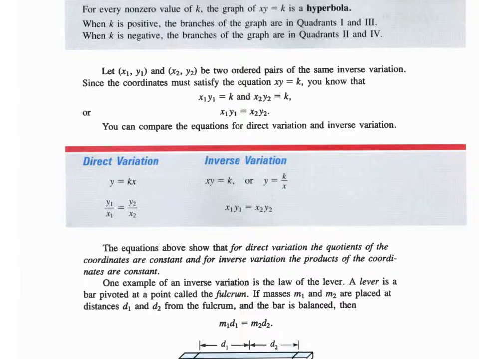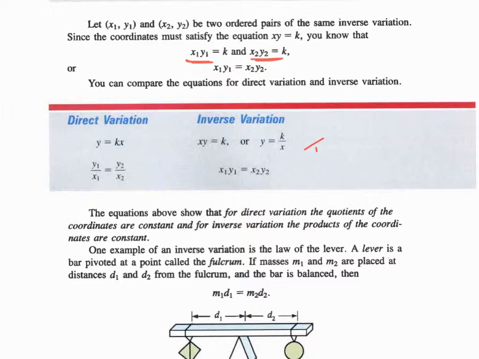So just know that you can multiply x and y to get k, and it doesn't matter which order pairs. Again, these are formulas that you should memorize. And remember, you could take the 2 ordered pairs and multiply them. When we did direct, notice how we did y over x and y over x. Over here, you multiply the x and the y to get your answer.